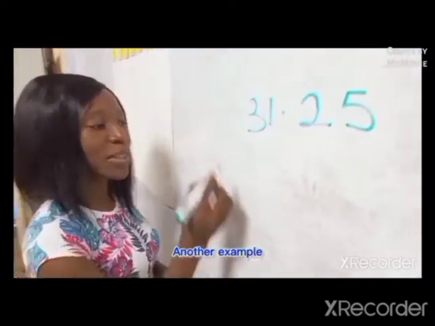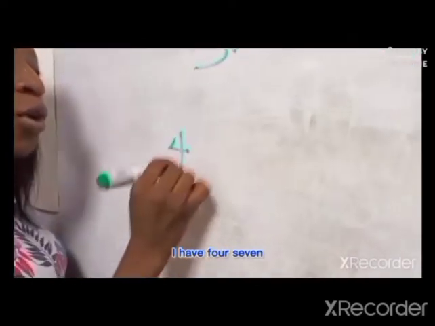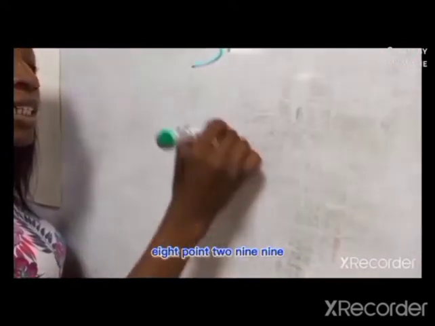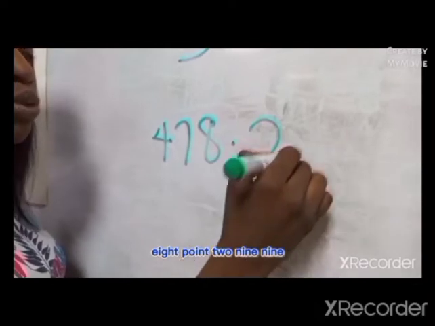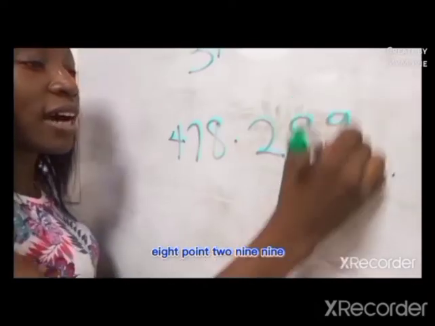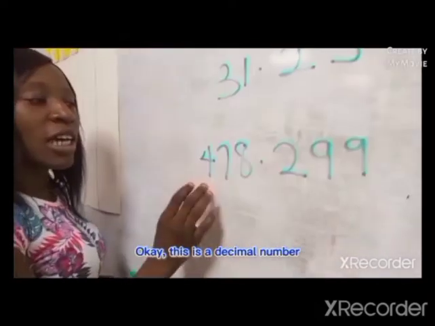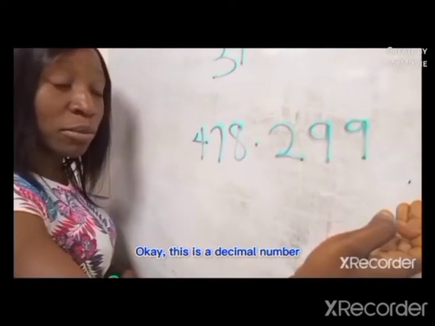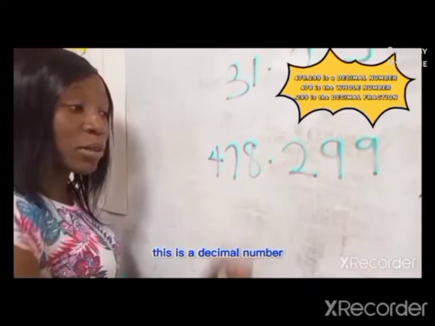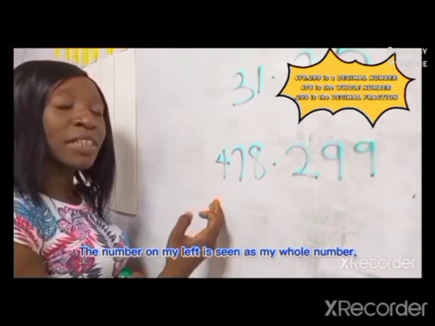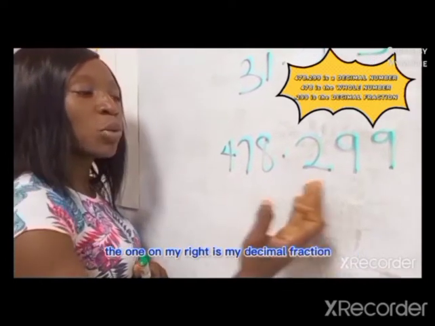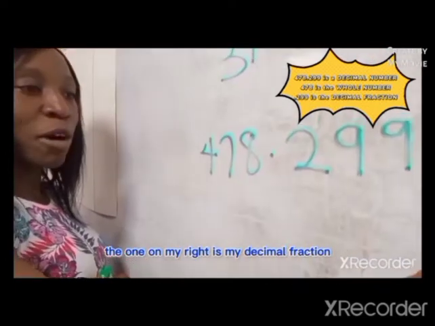Another example, I have 478.299. Okay, this is a decimal number. The number on my left is seen as my whole number. The one on my right is my decimal fraction.